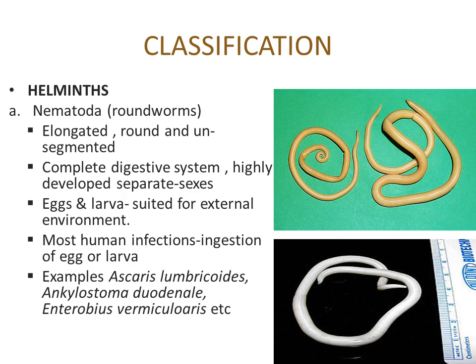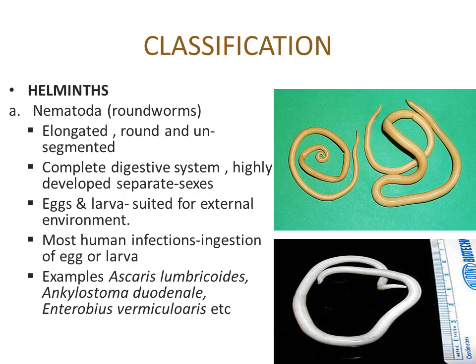Classification: helminths. Helminths include nematoda, round worms: elongated, round and unsegmented, with a complete digestive system and highly developed, separate sexes.